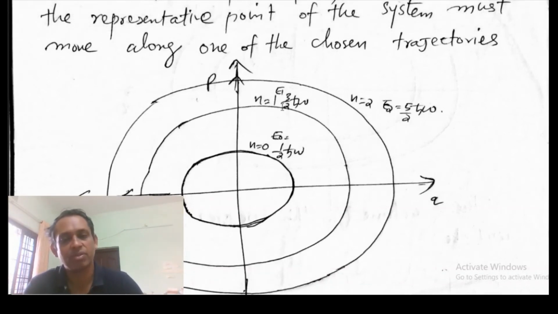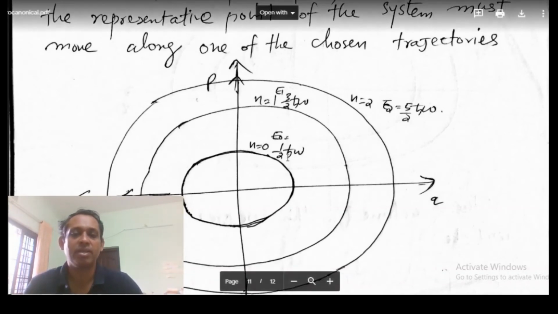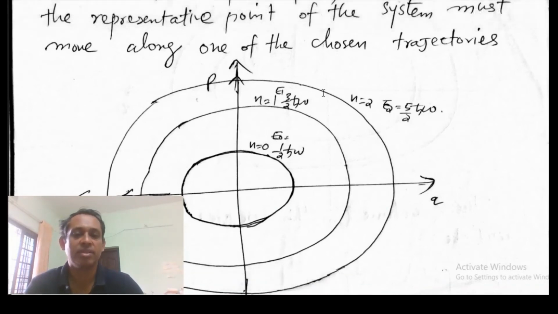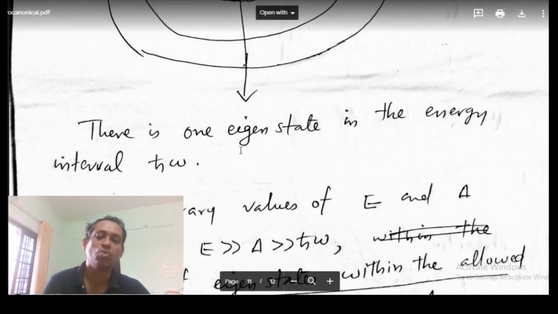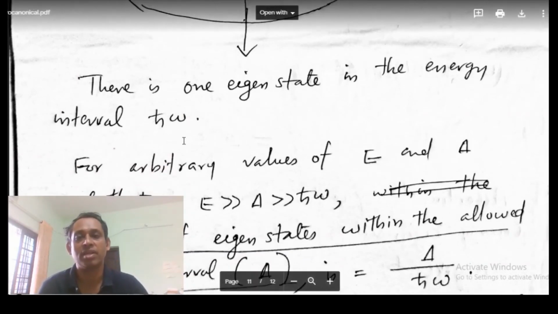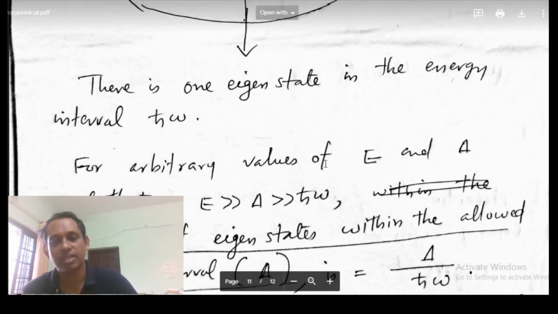This is ½ħω, this is 3/2 ħω. So the difference is ħω. Here it is 5/2 ħω and 3/2 ħω. The difference is ħω. So in each ħω energy interval you can see one eigenstate. This is what we are telling here.